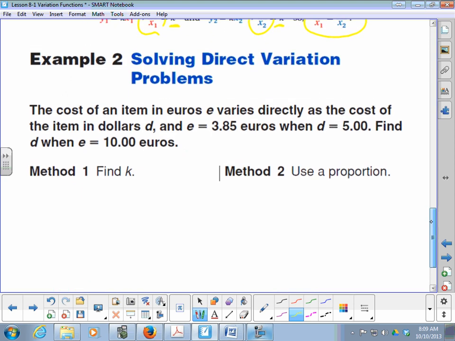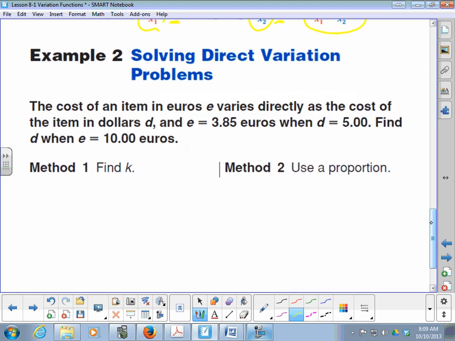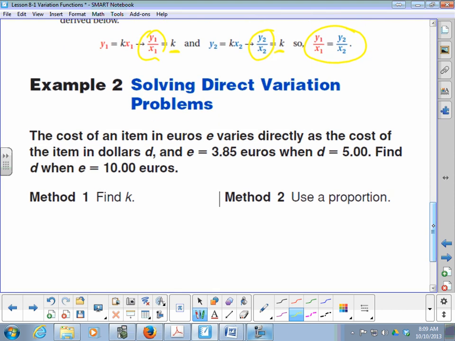So here we've got the cost of an item in euros. Cynthia, you don't use euros in your country, do you? No. What money value do you use? Yeah. What do they call your money? Yen?